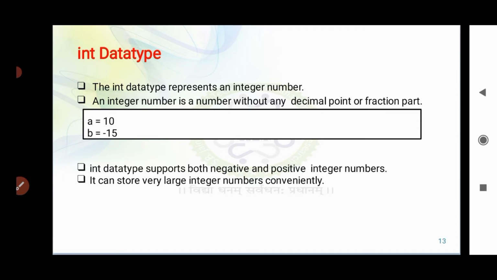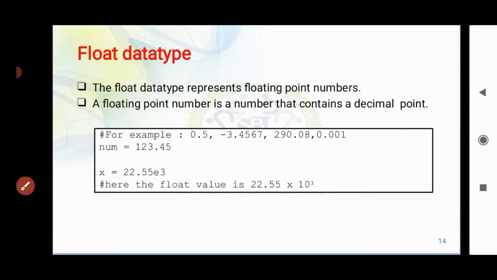That means if you are defining a variable a is equal to 10, then also it will be integer, and if you are declaring b is equal to minus 15, in that case also it will be taken as integer data type only.